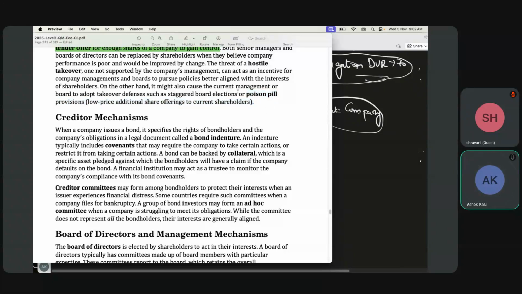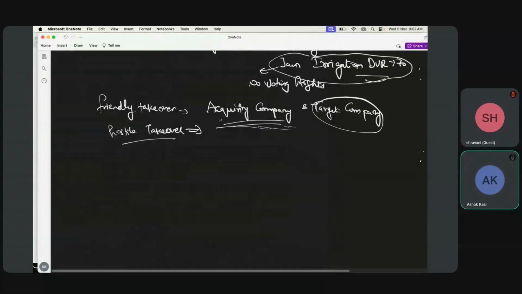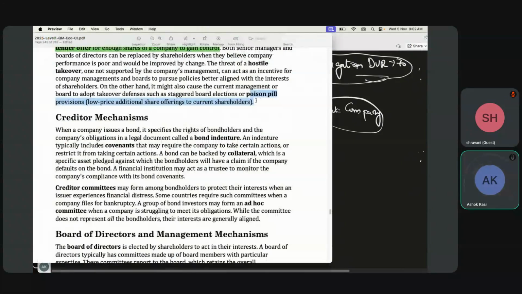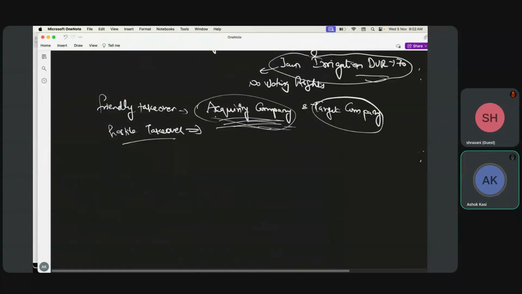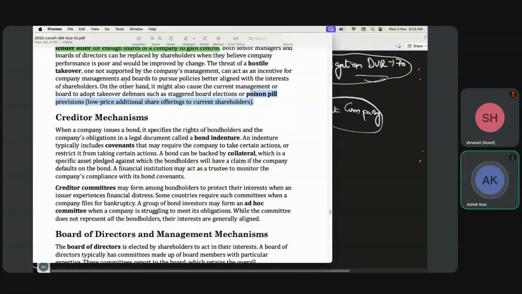When the value of the company comes down, it becomes less attractive, so the acquiring company may not be interested in it. So it is like companies taking poison so that they become less attractive and the acquiring company will not try to take over. They are kind of killing themselves only so that the acquiring company doesn't come.